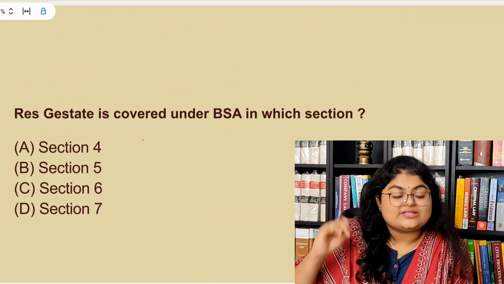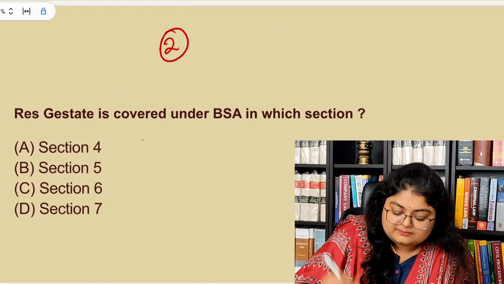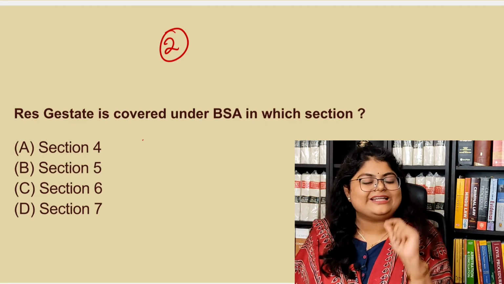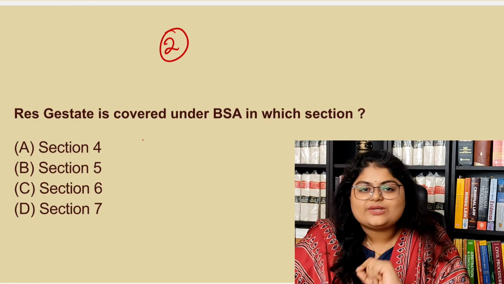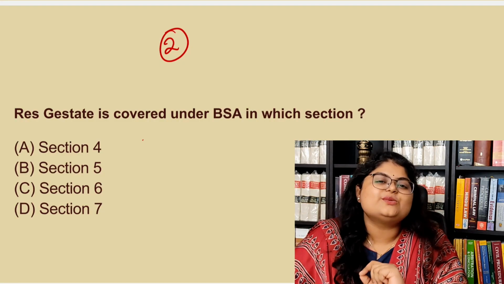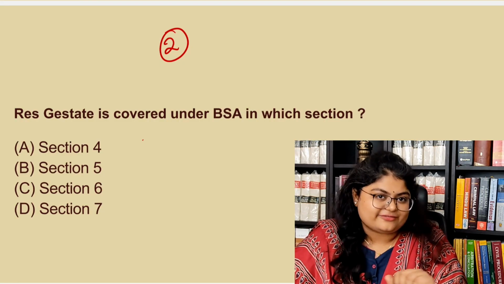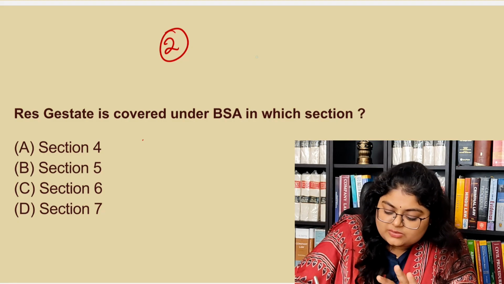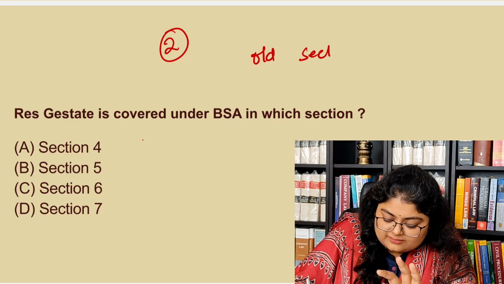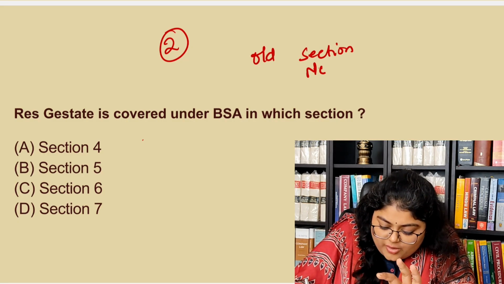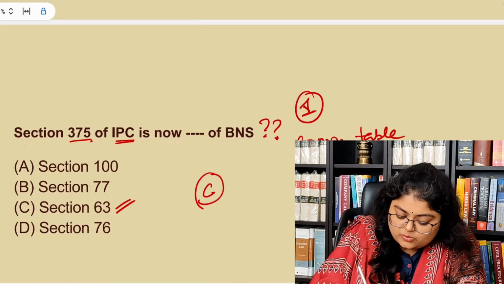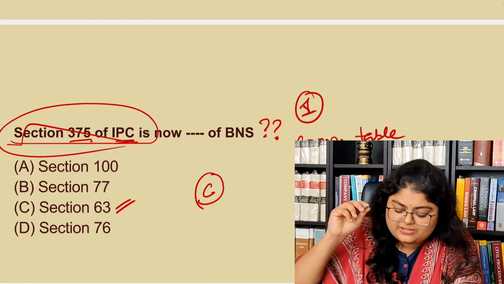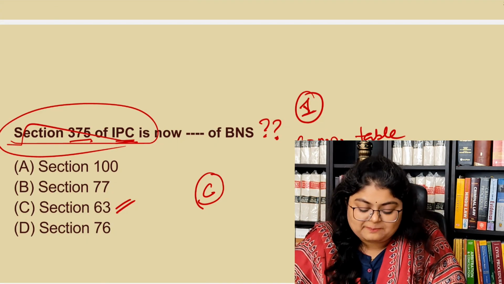Now, let's go to the second type of question. This is a little different and a little more difficult than the first type. Why? In the second type of question also you can use your comparative chart, but clearly the old section number is not mentioned. In the first question, the old section number was clearly mentioned, section 375 IPC.